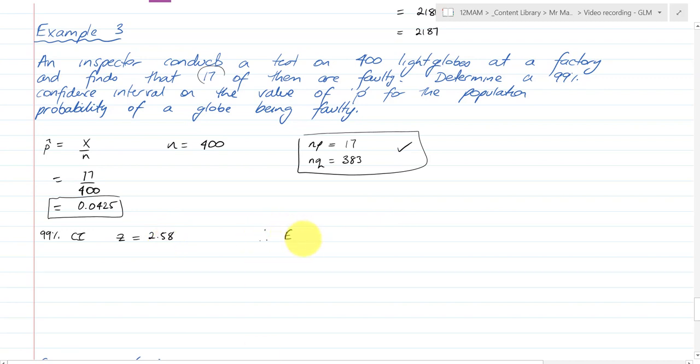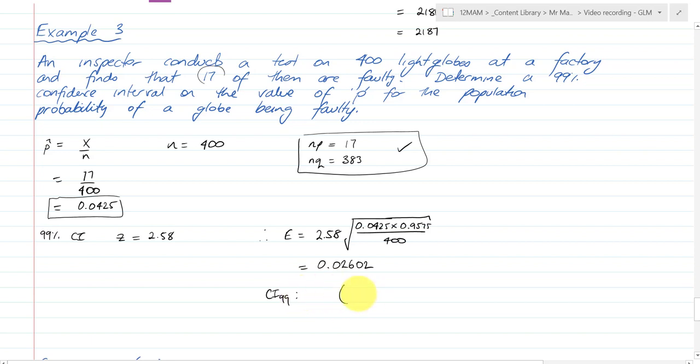Therefore, the margin of error is equal to z times the square root of p hat times 1 minus p hat over n. And that's equal to 0.02602. Of course, I keep that in my calculator to maintain accuracy.